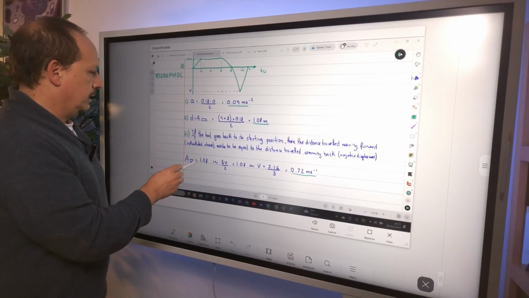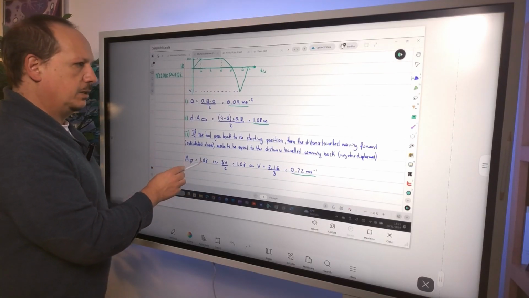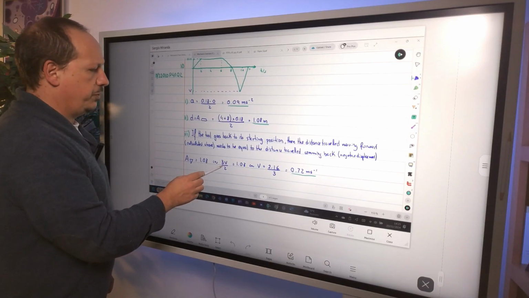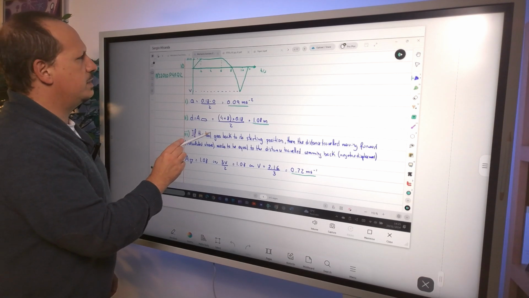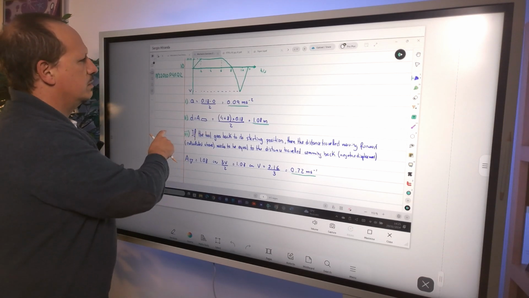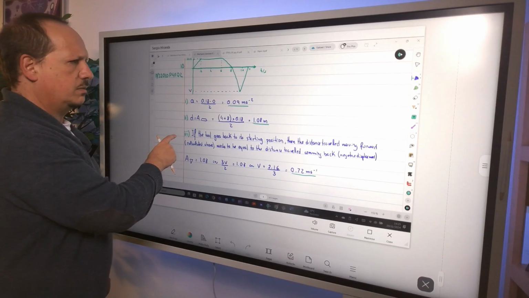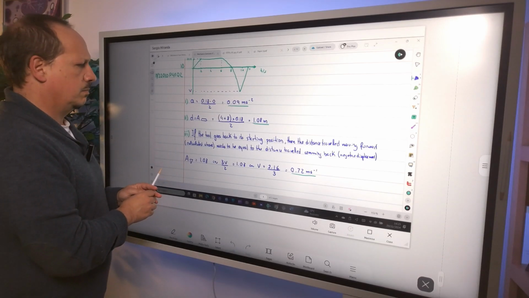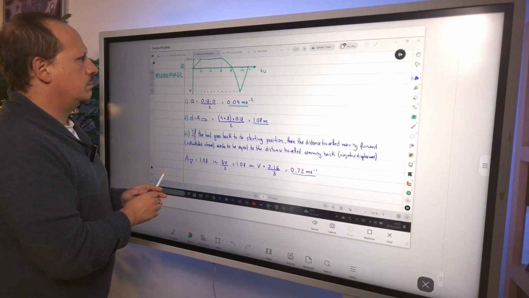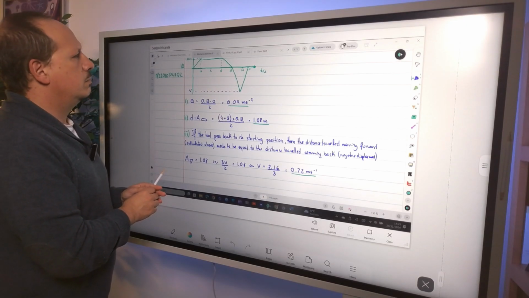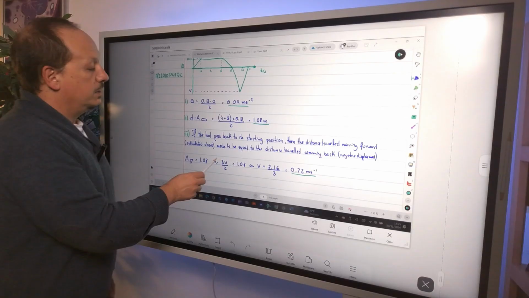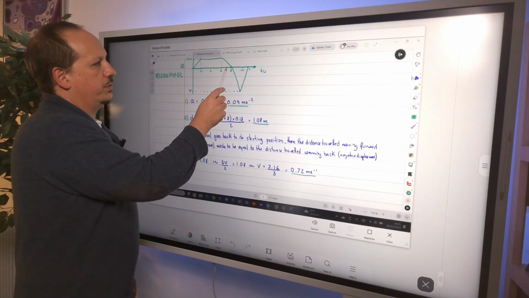The area of the triangle is 3V over 2. Why 3V over 2? Of course, the 3 comes from the base over here.